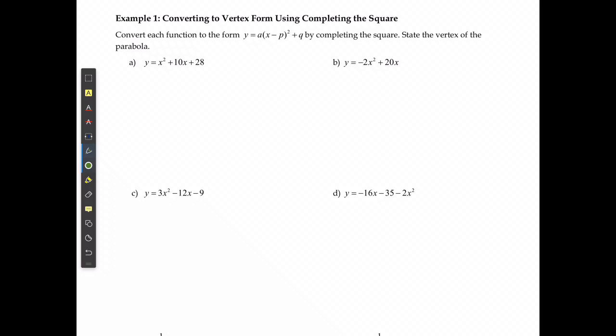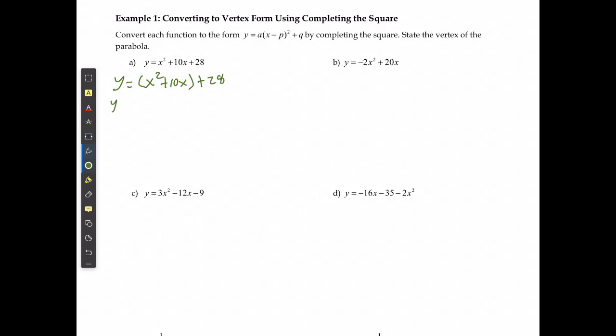Right, let's put that completing the square into practice, and then we can state the vertex of each of these parabolas. So, step 1, it's already in the right descending order. Step 2, I'm going to bracket off the terms with x. So I'm going to say y is equal to bracket x squared plus 10x, close the brackets, and leave the constant on the outside.